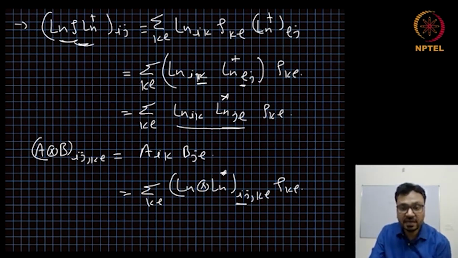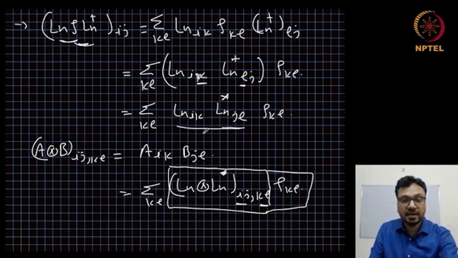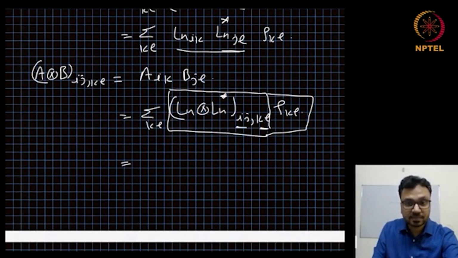Now if we identify ij with one index and kl with another index, then this equation will look as if we have a matrix multiplied with a vector, and the ijth element of that will have a sum over kl.